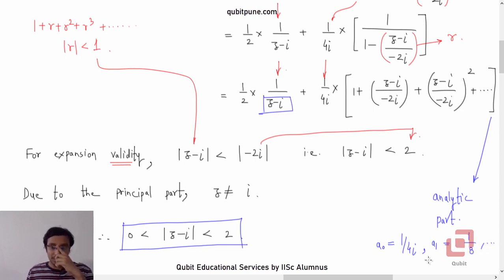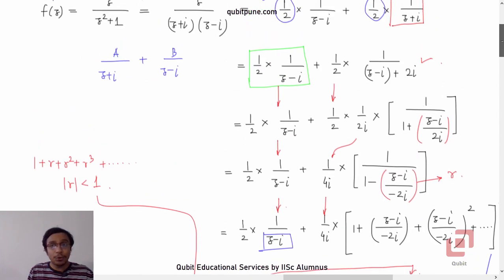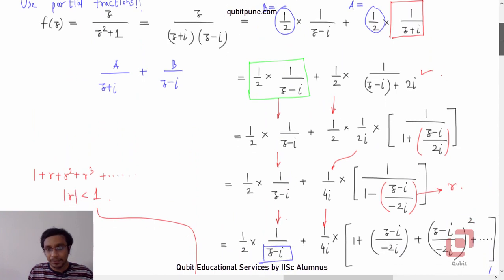So these are the coefficients A0, A1 and so on, and we only have B1 here. B1 is 1 upon 2 and everything else is going to be 0. This particular expansion is valid only when the absolute value of z minus i lies between 0 and 2.